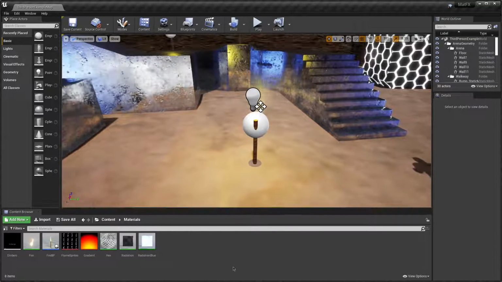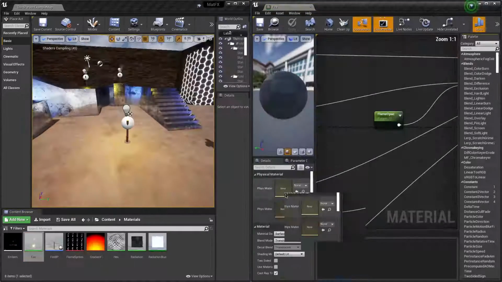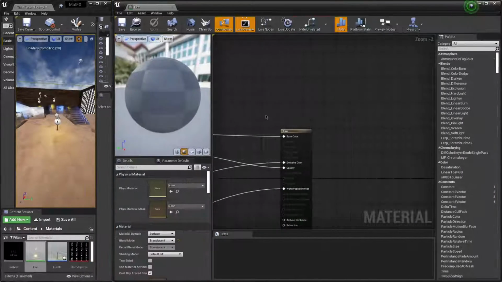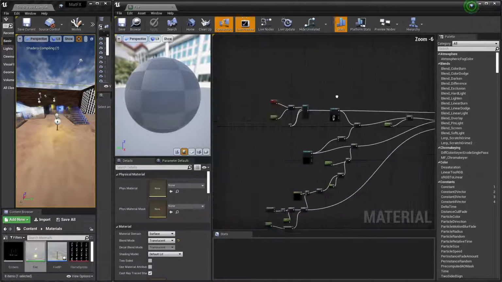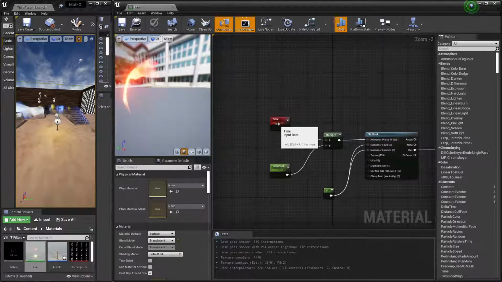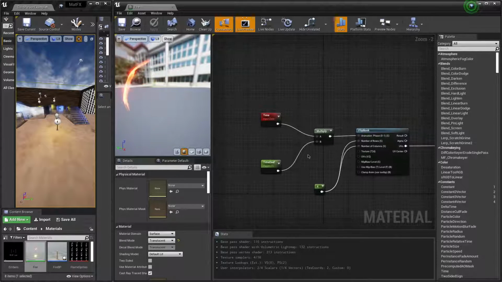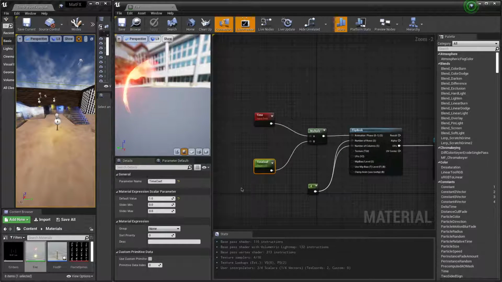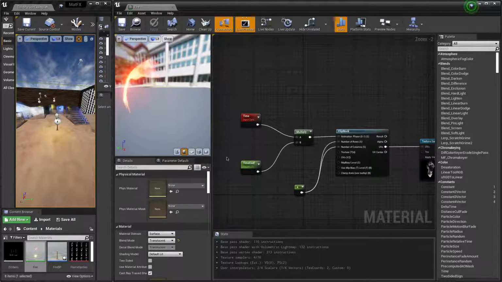Now, as for the fire, the material itself, the shader itself isn't too complicated. So first of all, we're taking time as an input, and we also have a time coefficient, which is just the speed, right?